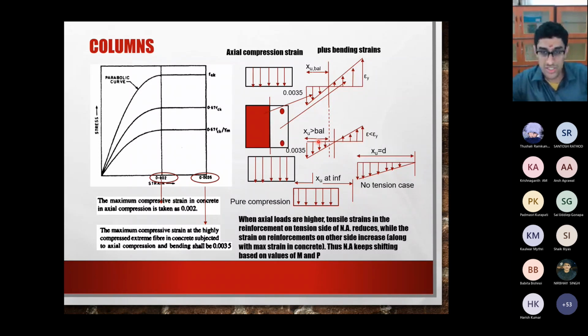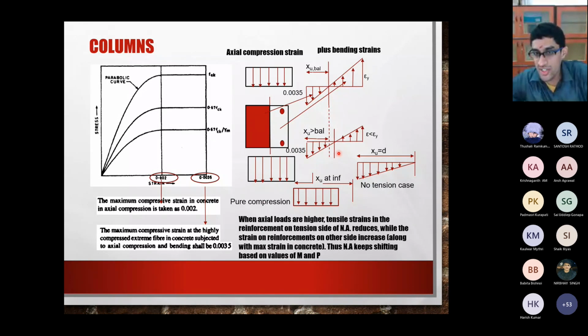I have not shown it properly. I should have drawn this a little bit bigger so that it would have been easier for you to understand. So this becomes more. Of course, your strain in concrete cannot increase. It is 0.0035. The strain cannot increase beyond 0.0035.